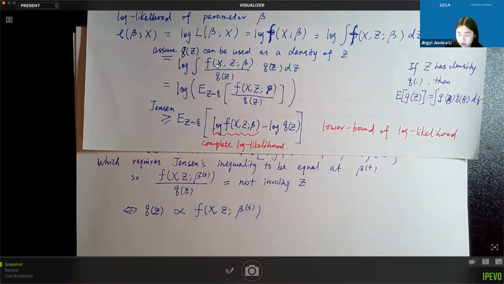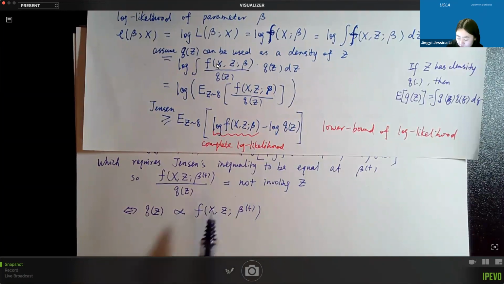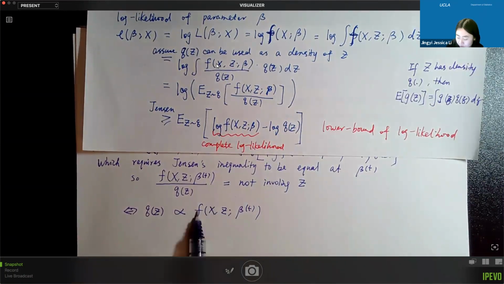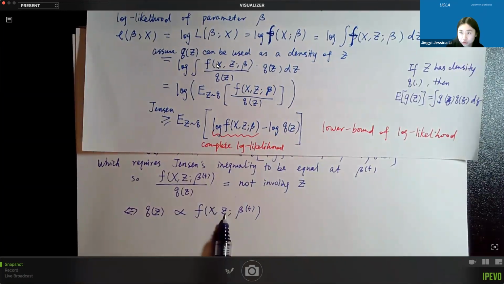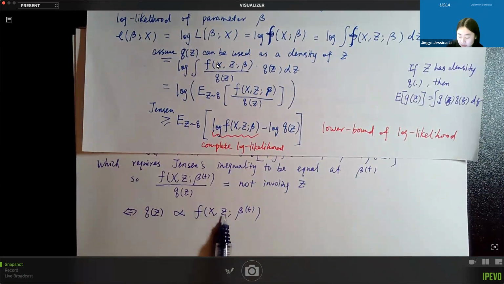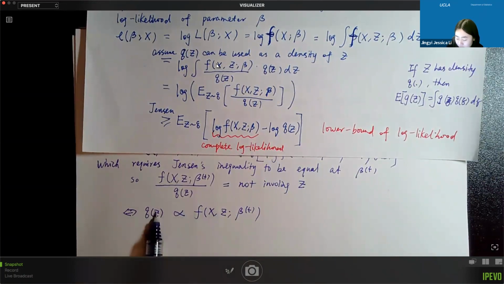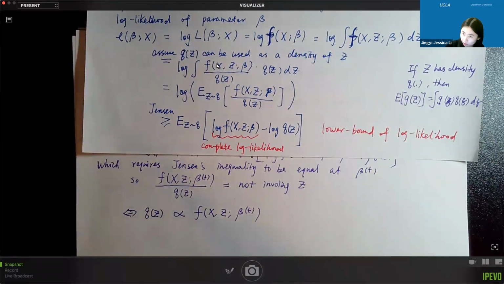By proportional, we mean that there can be a multiplier, but the multiplier must not involve z. This is a joint function of x and z, the joint density. But now we want q(z) to be of the same form, subject to a multiplier so that it becomes a valid density. So how do we do it? It's basically to normalize this.